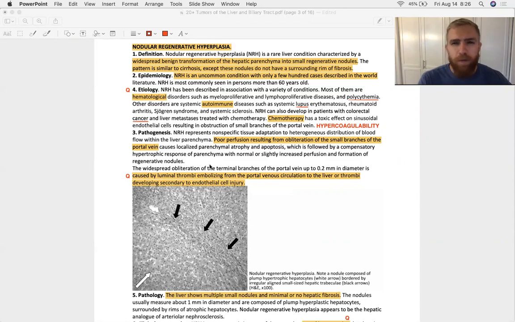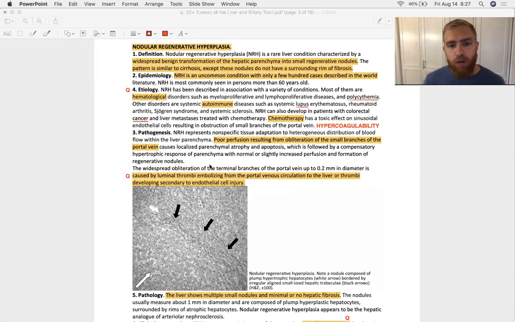And the regenerative nodule means essentially that there's been some hepatocytes damaged, there's been some injury to the liver, and when you just rip out some hepatocytes, the ones that are left will divide to fill in that hole or that damaged area. And when they do that, that's hepatocyte regeneration.